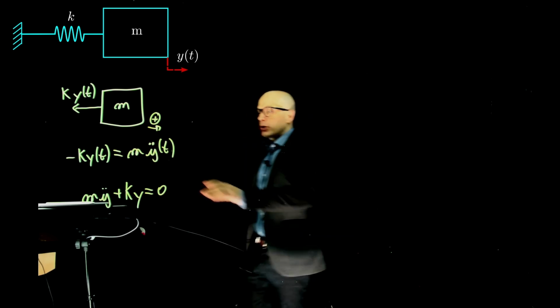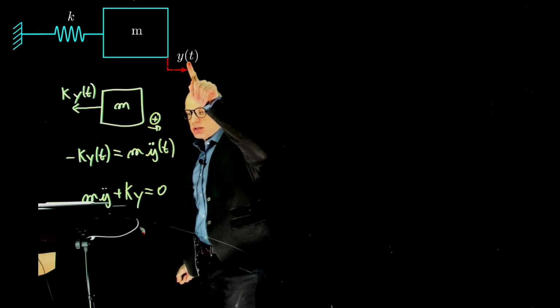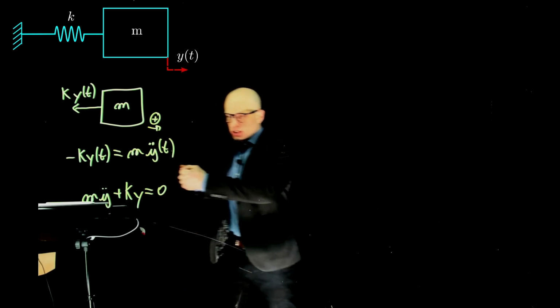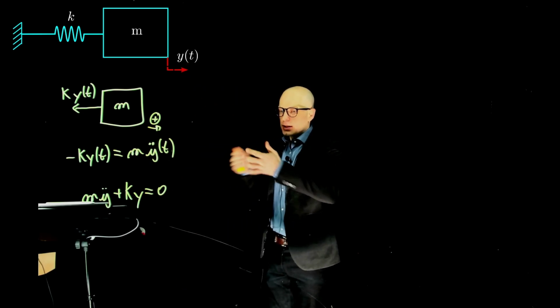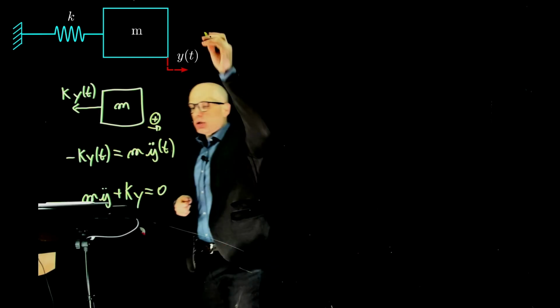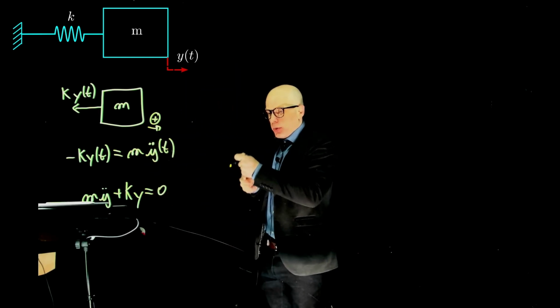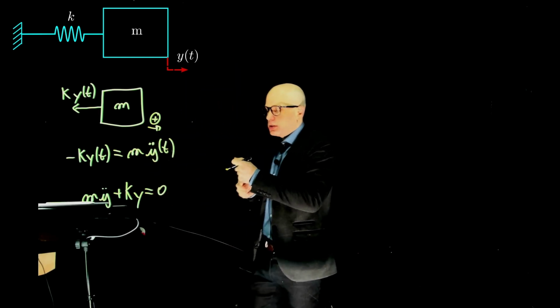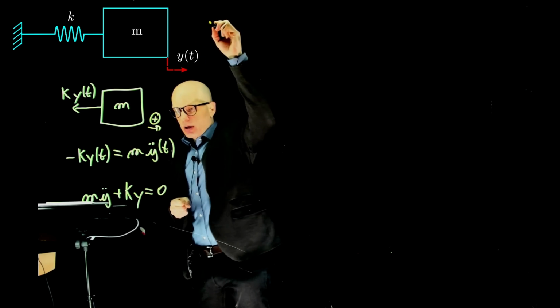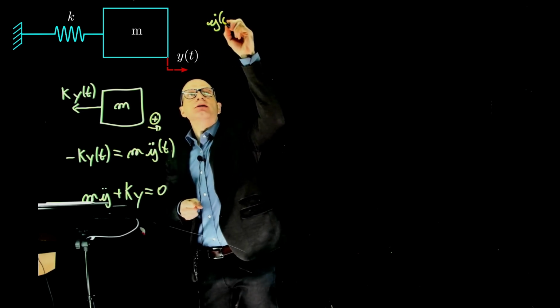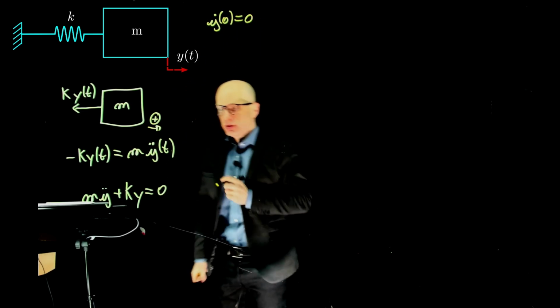Now what we want is actually the response of the system y of t as we stretch the mass and let it go. By doing that, we stretch the spring, we are holding it constant, the speed is 0. So we can say that y dot at 0 is 0.